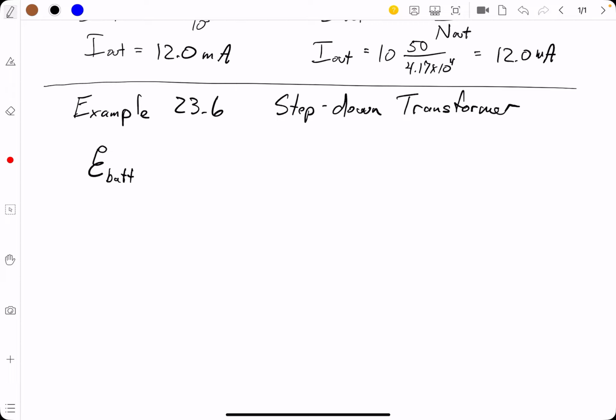So I'm going to say EMF of the battery is equal to 12.5 volts DC, and it needs 15 volts in it to charge up the batteries. We start with V in at 120 volts. How many loops are needed if N in is 200 for an N out?